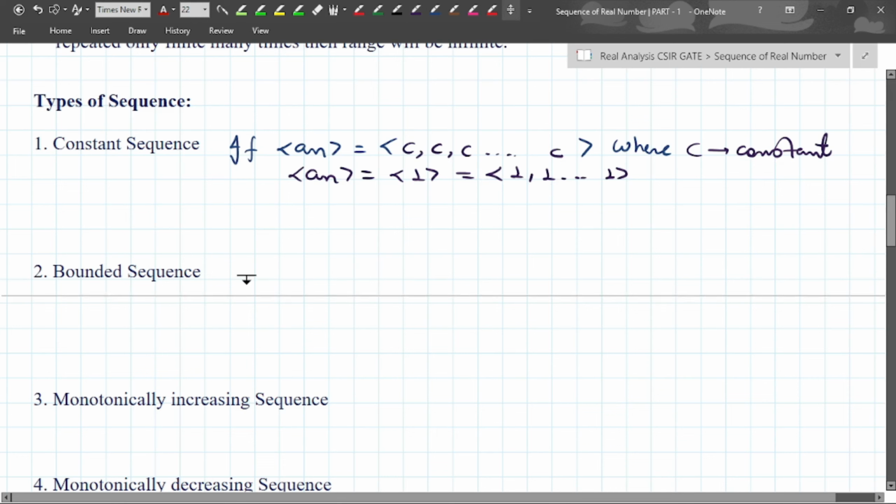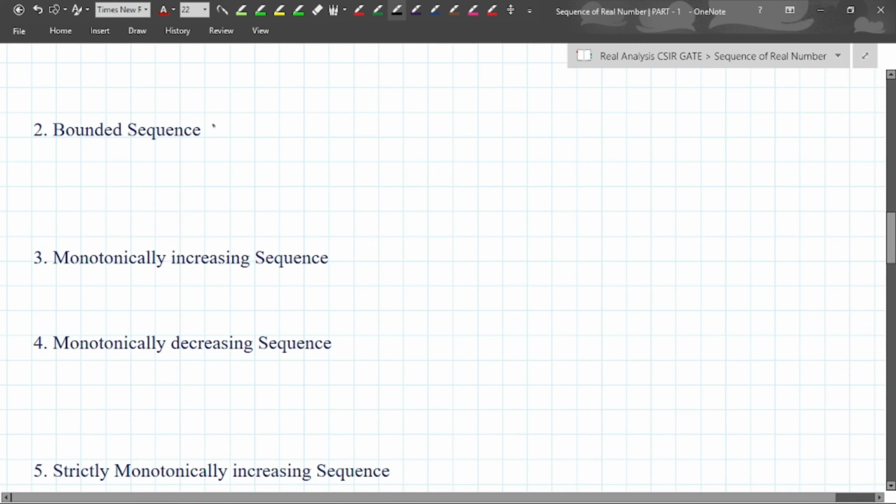Next, we have the bounded sequence. It is related to the boundedness of a set, which we have already discussed. Before going to the bounded sequence, I will explain the bounded above sequence and the bounded below sequence.